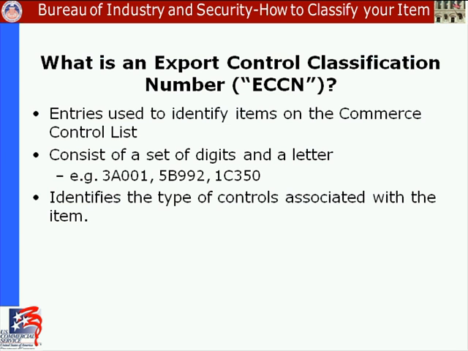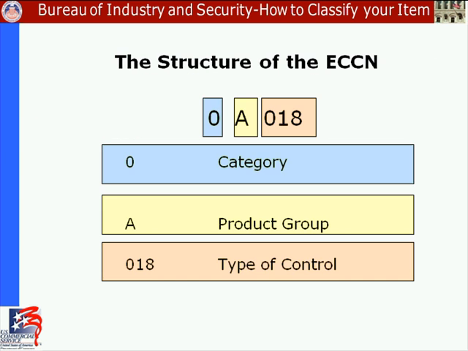And inside of each item or ECCN number, we also tell you the reasons why we control them. You will see that more later. The typical structure for every ECCN number, again, is 5 places. 5, or I call them 5 places, could be digits, could be A, B, C, D, E. And the first place, here you can see 0, that we call the category.